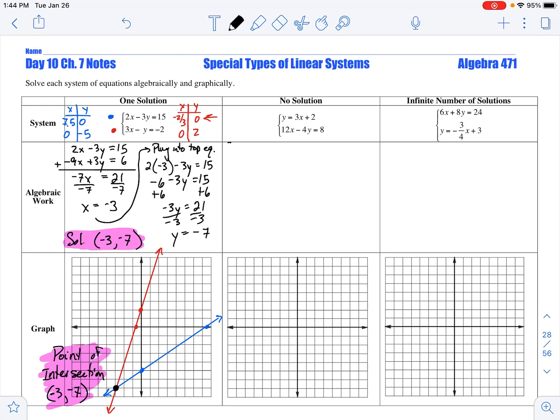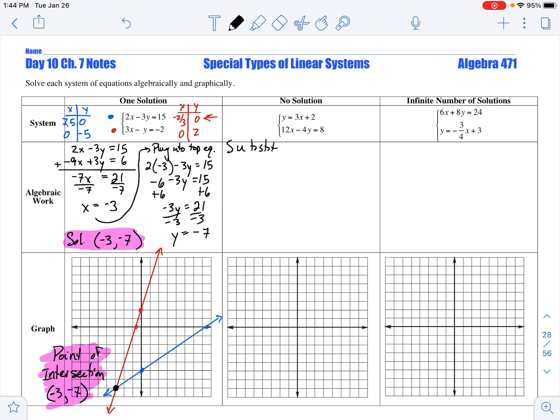And in problem number 2, I'm going to use substitution. I'm going to take this 3x plus 2, plug it in there for x. I'm going to get 12 times 3x plus 2 minus 4y equals 8. Let me back that up real fast. Where am I plugging? Testing you guys to make sure you're paying attention.